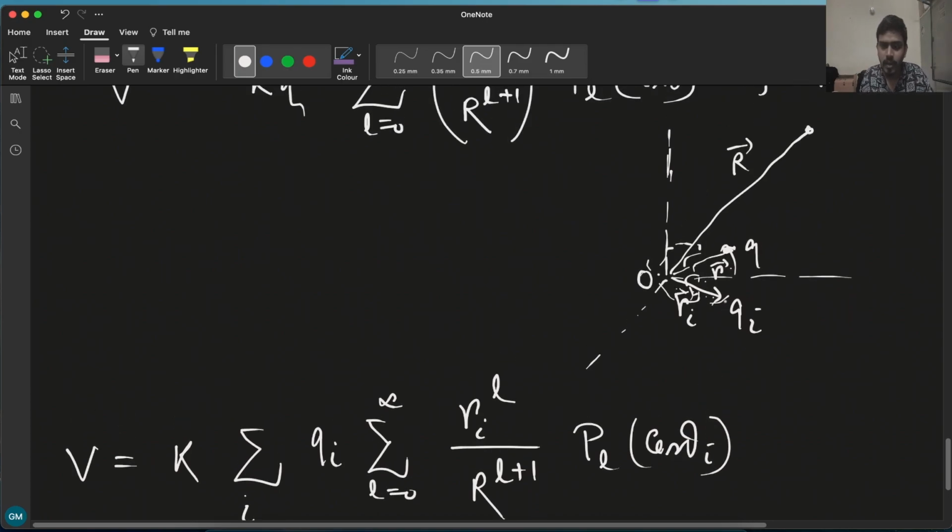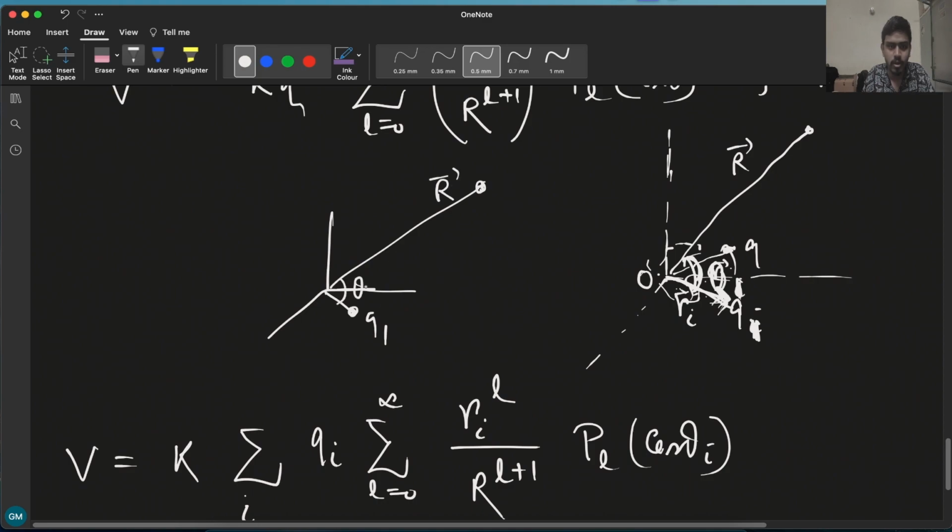It's because depending on where that qi is located, this angle theta i will change. If q1 is located here, then theta 1 will be this angle, and if q2 is located here, then this will be theta 2.